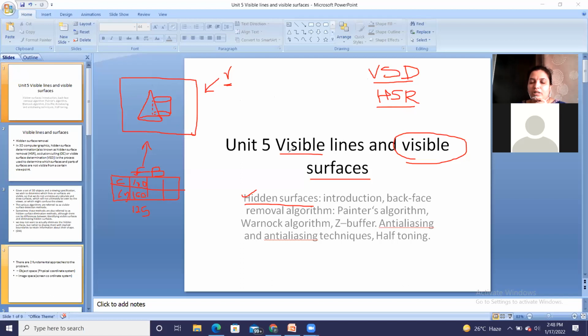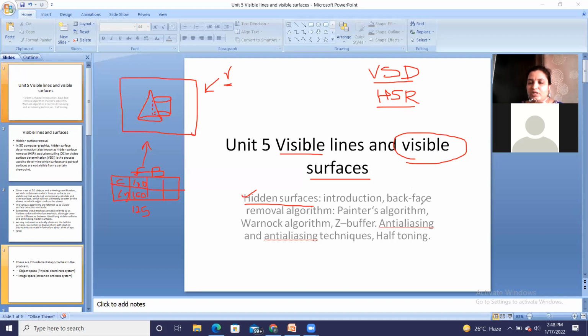Okay, so that is about the title of the chapter. Now in that we are going to learn what a hidden surface is. Just now I told you what a hidden surface is, the introductory part of visible lines and visible surfaces. Then we are going to have the algorithms to remove such hidden portions. So which are those algorithms? The first is the backface removal algorithm.